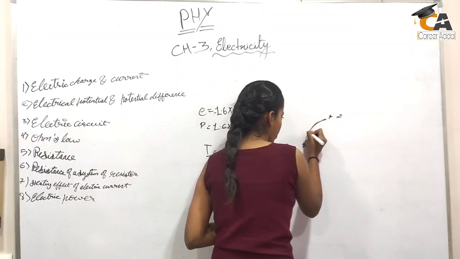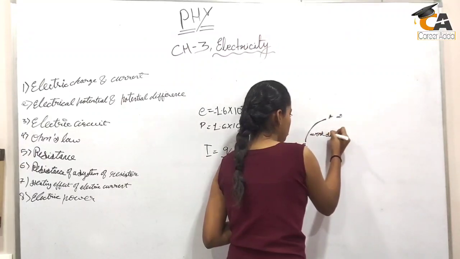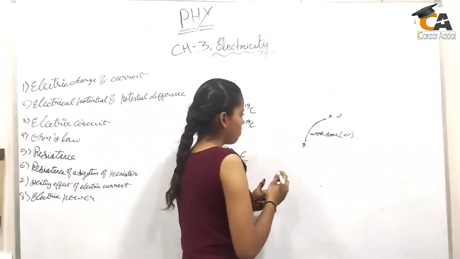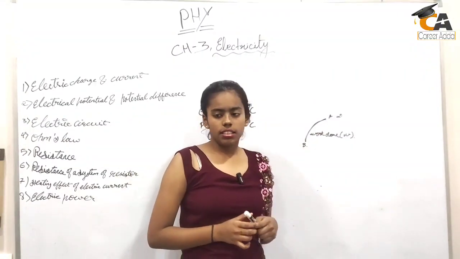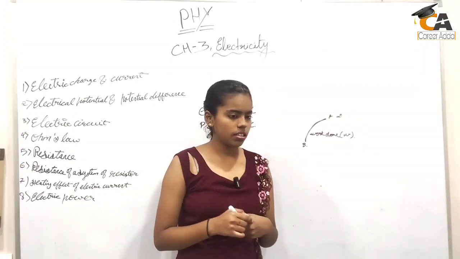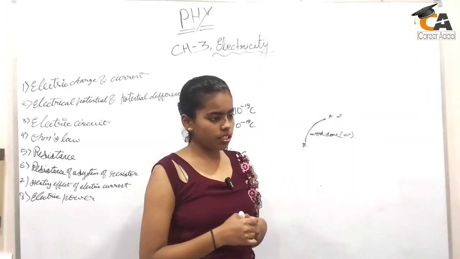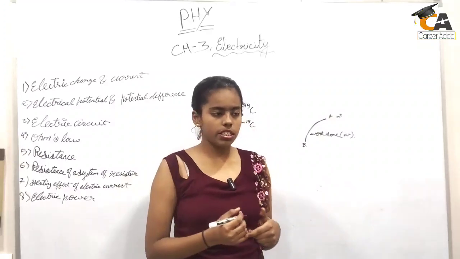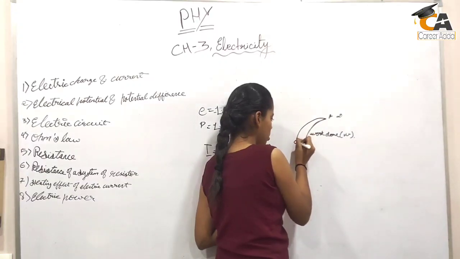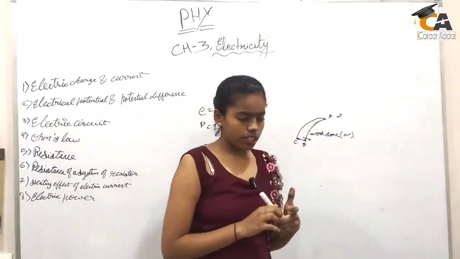To move the charge from point A to B, we have to do some work, and this work done per unit charge is known as electric potential. And when charge is moved from here to here, the difference between them is known as potential difference.